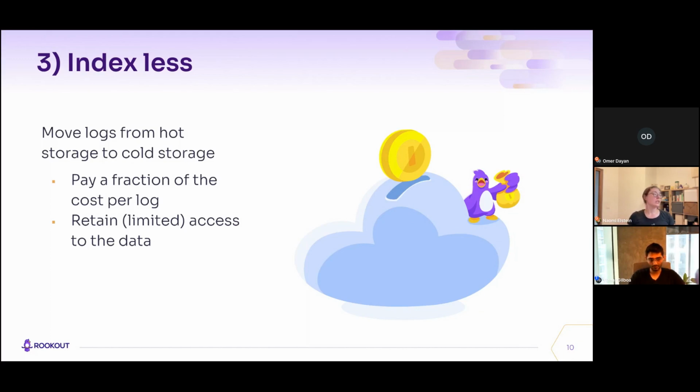You're covered, but of course it's less available. So when you do need it, there is a cost there. It's worth assessing whether you have more things in hot storage than need to be there. As I said before, a tiny fraction of the logs that are in hot storage that are indexed are actually accessed. So if we can methodically go through and see which logs can be moved to cold storage, we can save a huge amount of money.